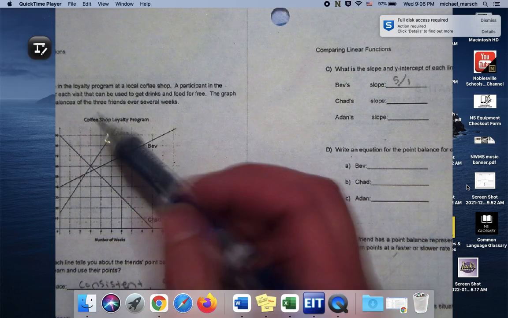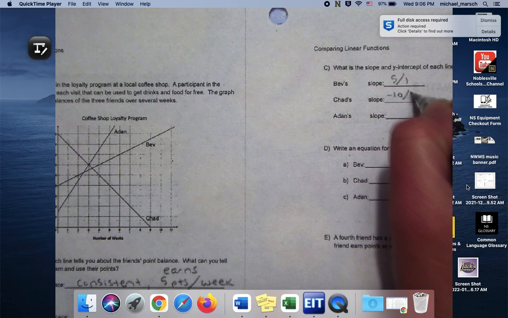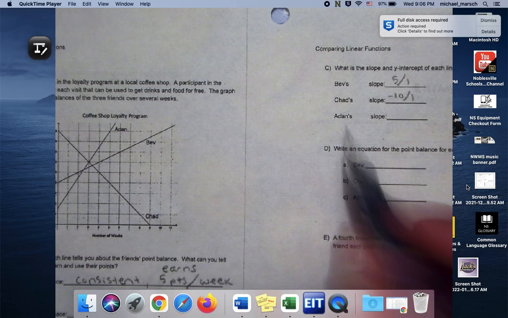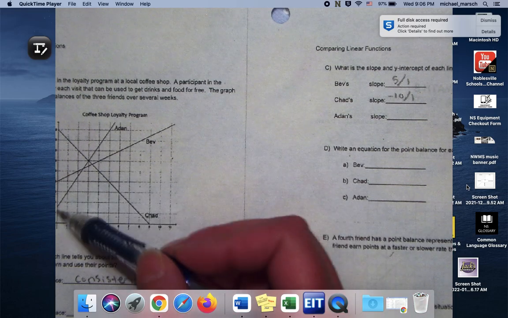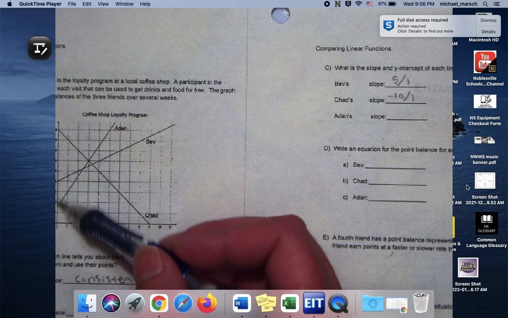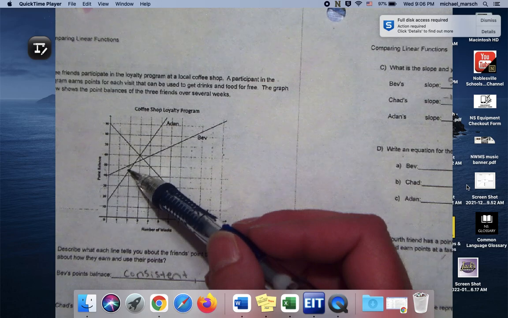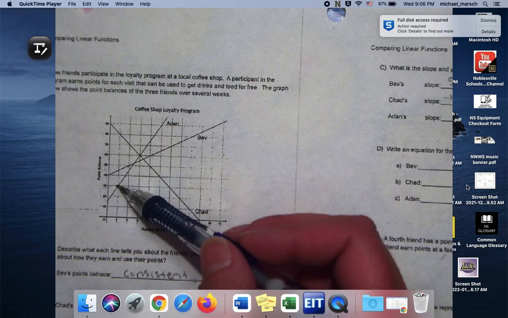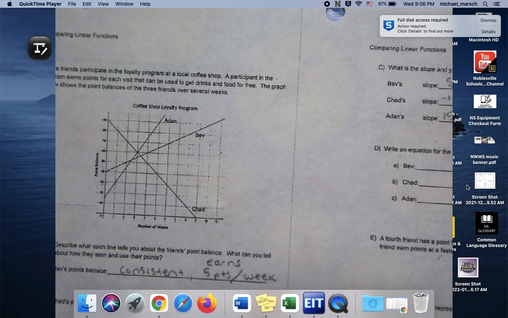Chad's slope is -10 over 1 because he's spending those points, and his y-intercept is 90. And Adan's slope is up 15 over 1, right? Up 15 over 1. And the y-intercept is at 15.